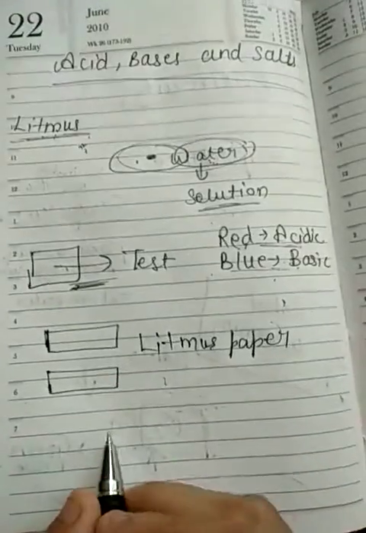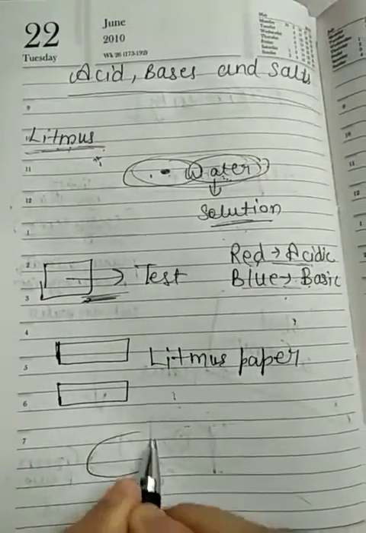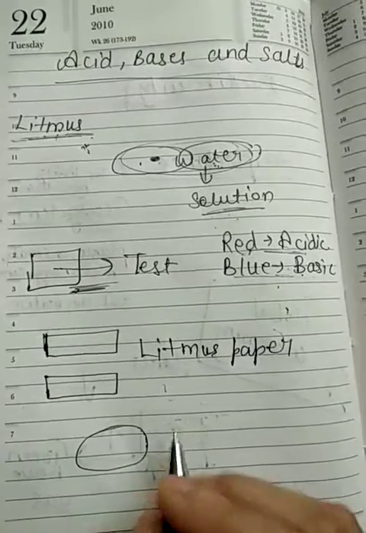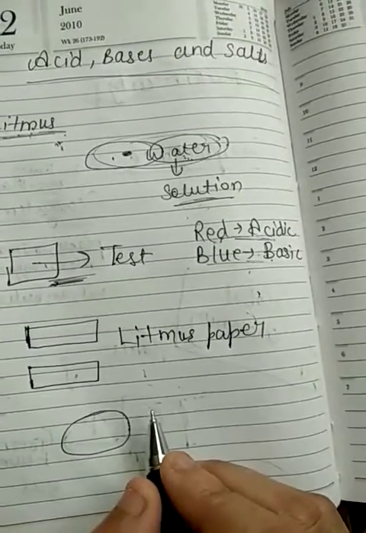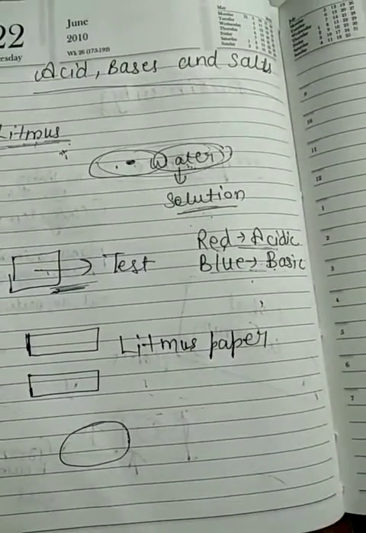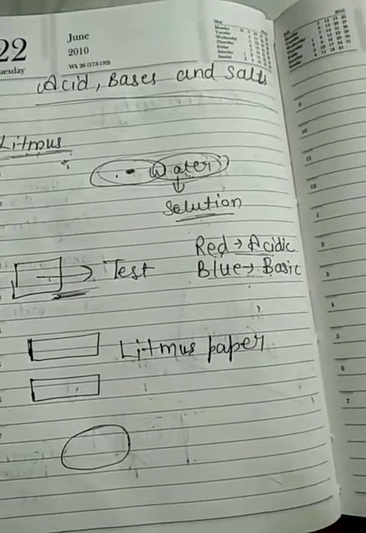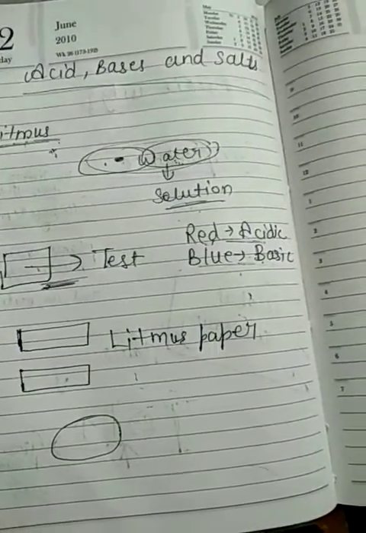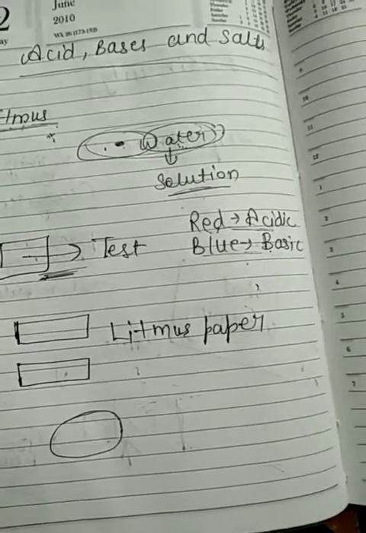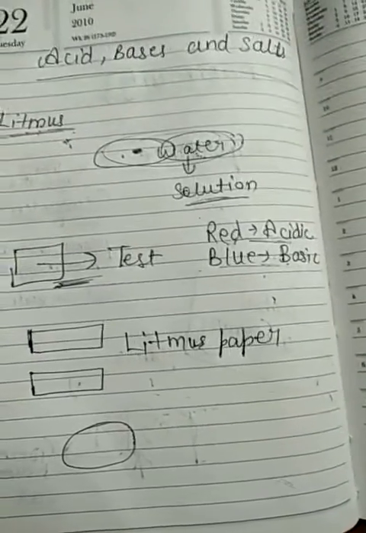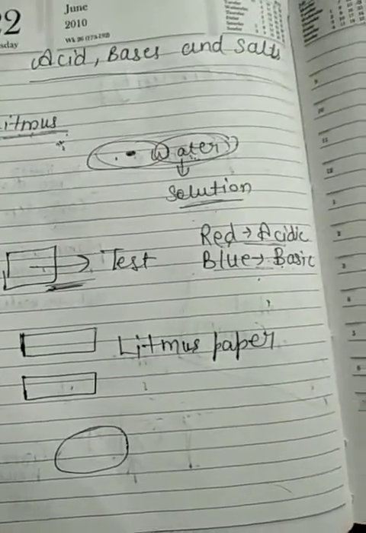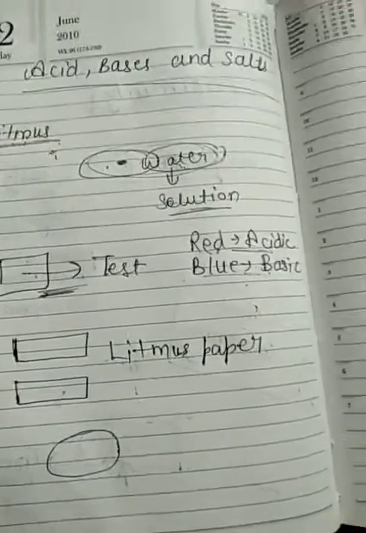All we need is filter paper. Filter paper has fine pores. Like when you prepare tea, what do you need after preparing it? A strainer, so that you can separate the tea leaves from the tea.